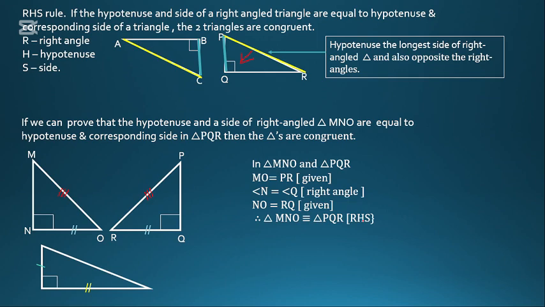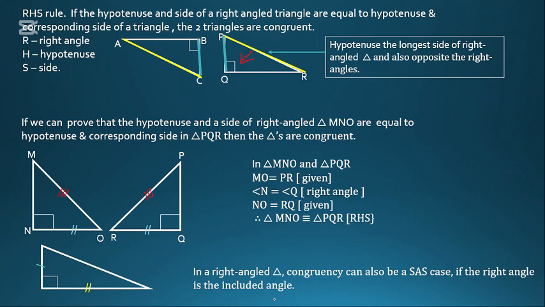RHS. But sometimes you have a 90-degree angle, and these two sides of one triangle are equal to the same two sides of another triangle. This time the hypotenuse is not marked. So, in a right angle triangle, congruency can also be a SAS case.